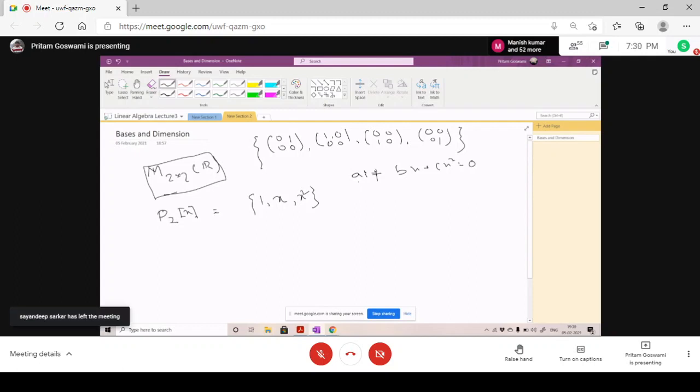So these are linearly independent vectors. Tell me once more. I said it is a quadratic equation in x, and a quadratic cannot have more than 2 roots. But it is 0 for all x, so it means a, b, and c must be 0. Yes.